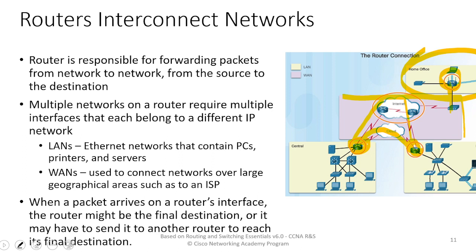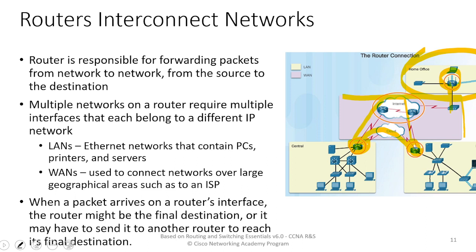So there it becomes another connectivity. So they are connecting to two different networks. They are connecting to the internet service provider network, but they are also connecting to their organizational network. So they will have to have two different interfaces connecting to these two different IP networks.